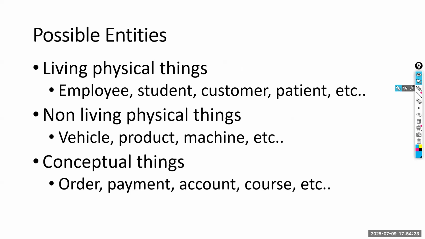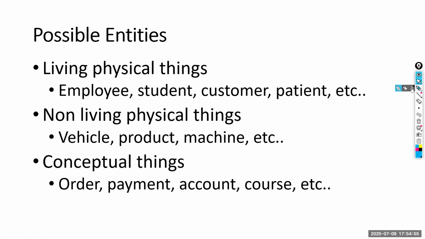So what are the possible entities? Living physical things like employee, student, customer, patient. Non-living physical things can also be entities, like a vehicle, item, machine, product item, drug item. Maybe we are interested in machine number, date of manufacturing, cost.